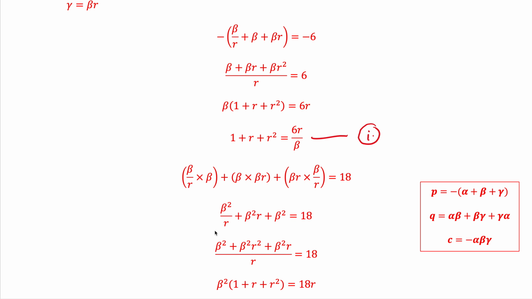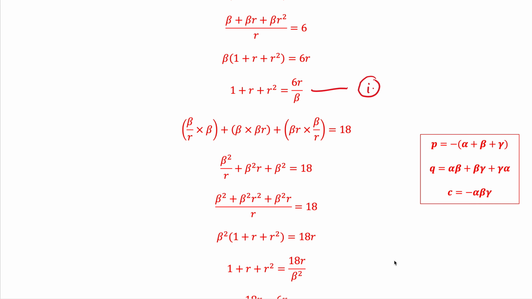Now from here I have made the denominator common to get this, and then I have multiplied r with the 18 to get 18r, and I have also factorized beta squared from the numerator. So factorizing beta squared inside the bracket gives us 1 plus r squared, and this is equal to 18r. Now again, if I solve for this bracket, 1 plus r squared, this will be equal to 18r upon beta squared. Now this is the second equation that we've derived.